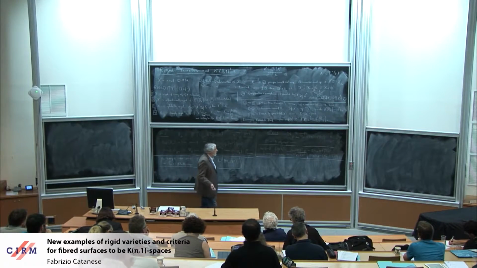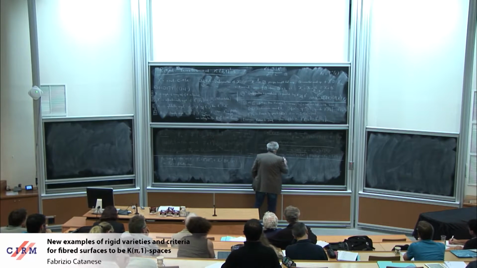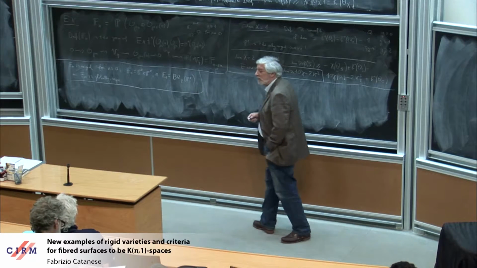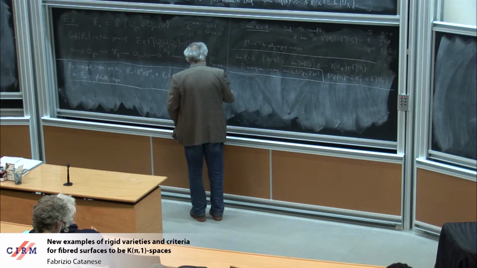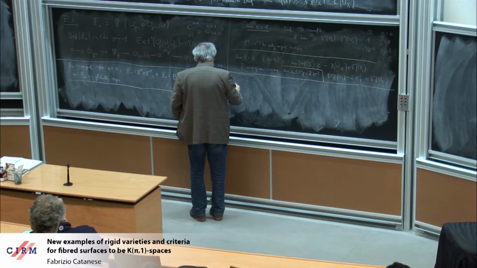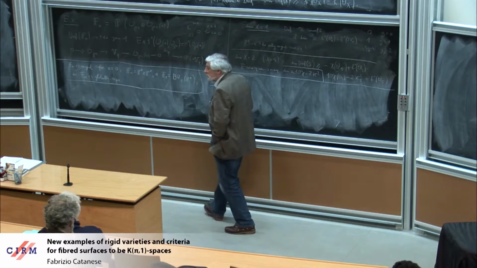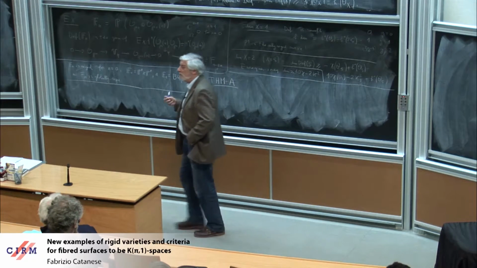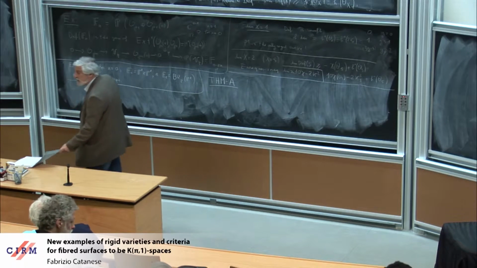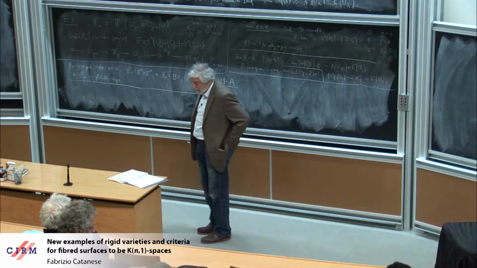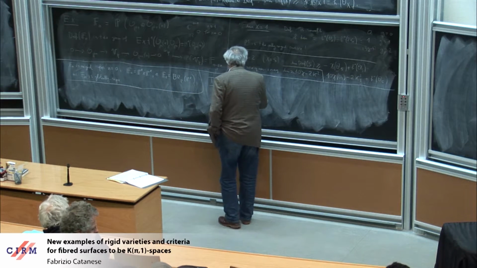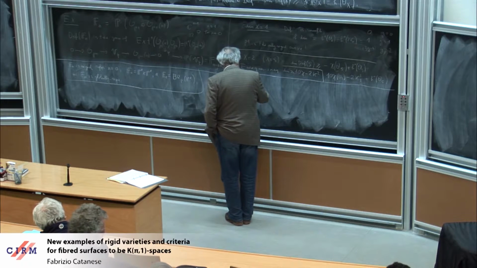Okay, so let me proceed with dimension 2, and you might think that what happens in dimension 2 should be known, but this is not true. So the first theorem which I want to explain is not so difficult once you know the classification of surfaces, but apparently I've never seen it anywhere. And this is joint work with Ingrid Bauer.